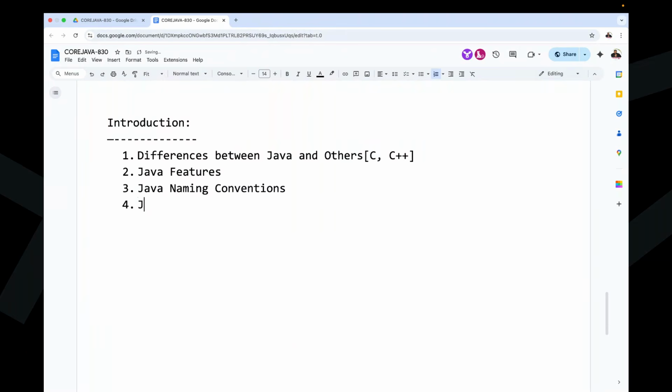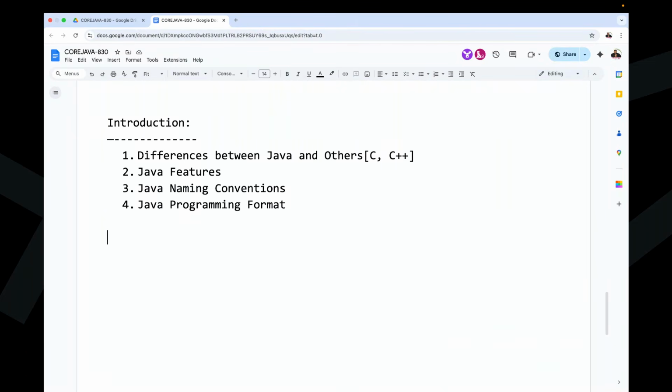After the Java naming conventions, Java programming format. These are the 4 topics we are going to understand inside the introduction part. Once we complete this introduction part, then we will start how to prepare a Java program, the steps to prepare a Java program. That will be the second unit.